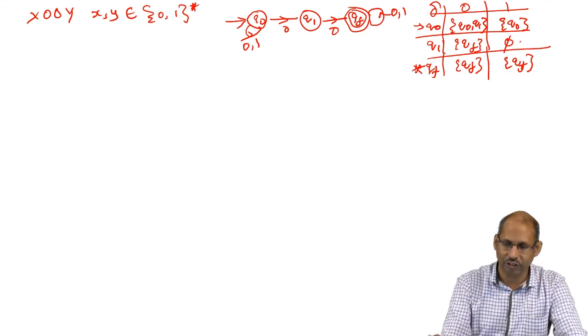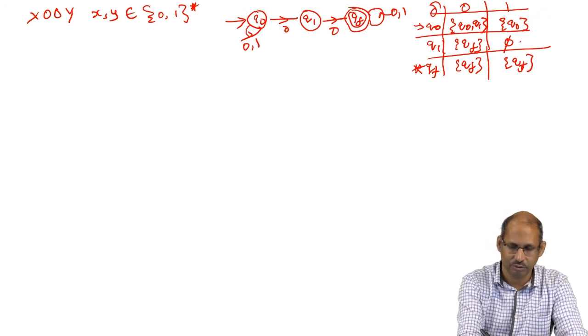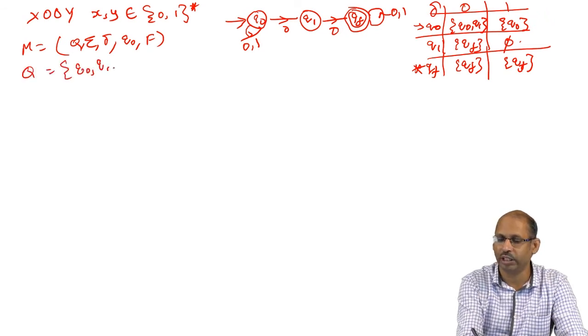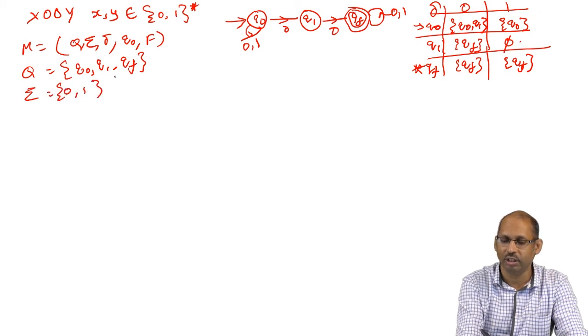Now we'll see the 5-tuple notation. M is equal to (Q, sigma, delta, Q0, F). Q is {Q0, Q1, QF}, the input alphabet is {0, 1}.